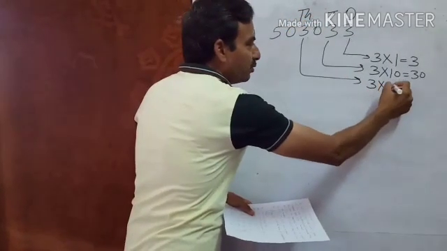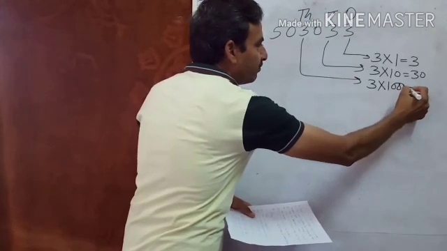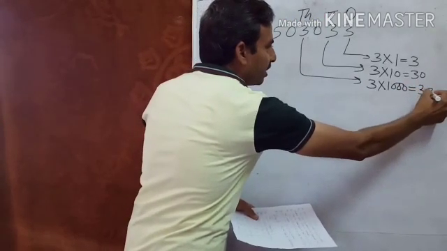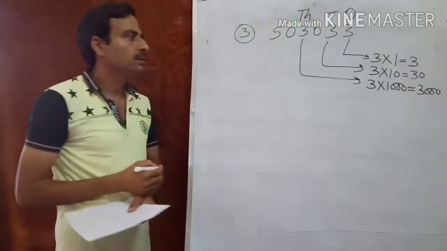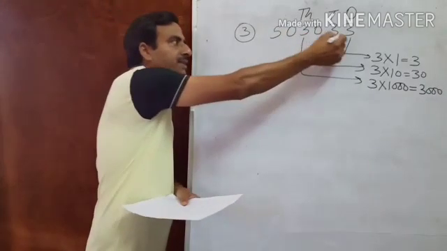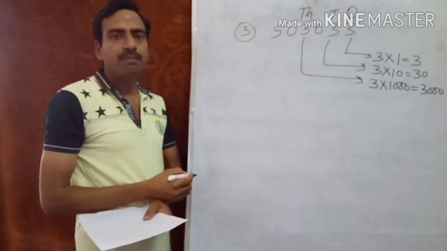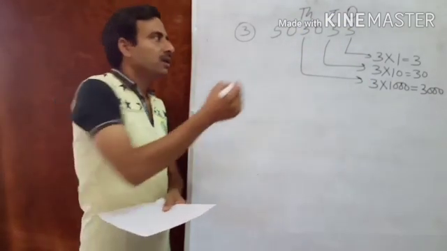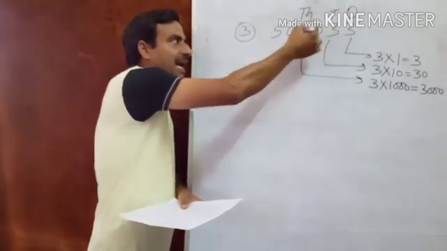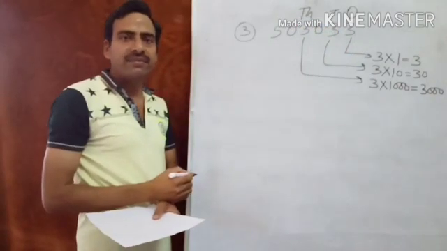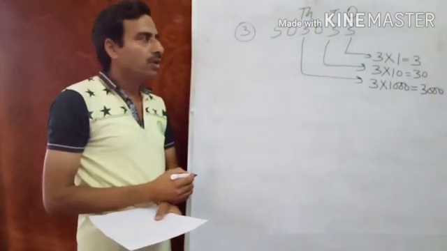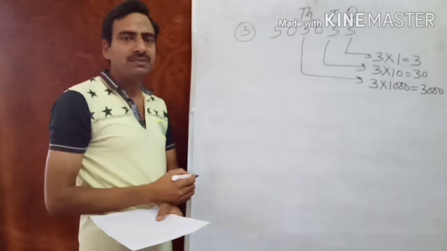So its place value is 3 multiplied by 1000 is equal to 3000. There are 3 digits of 3 and these have different place values because these digits are at different places.